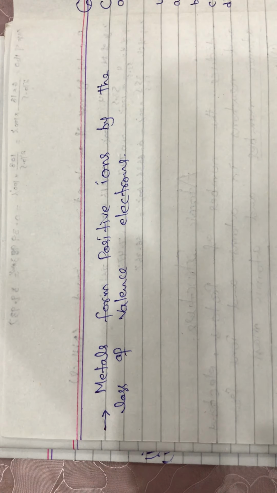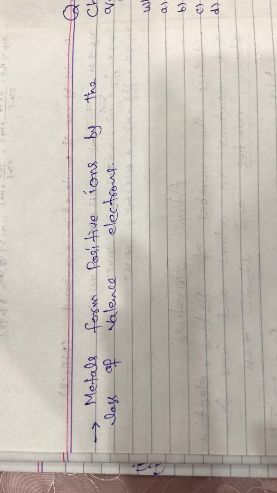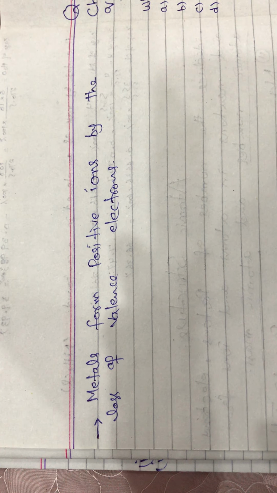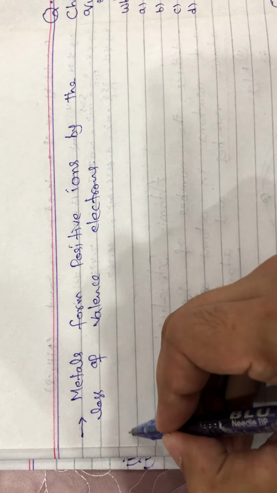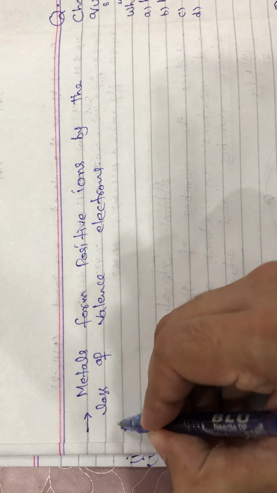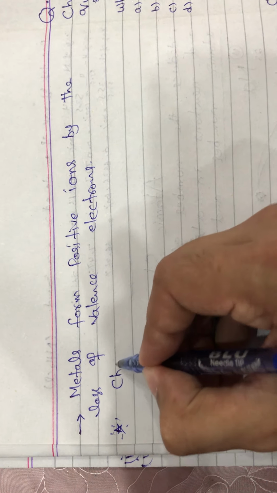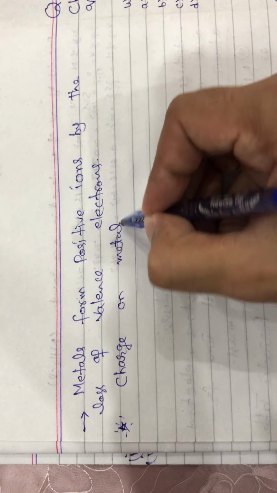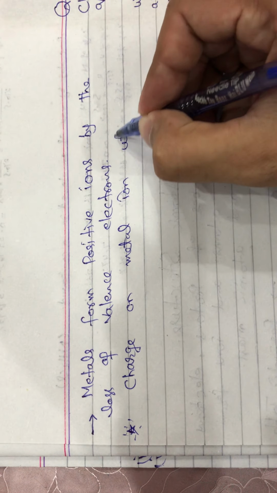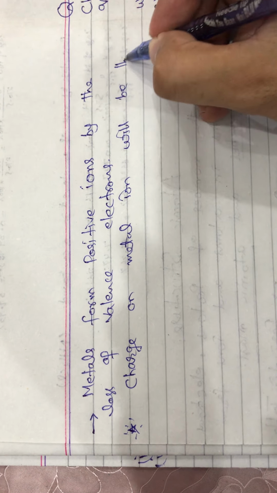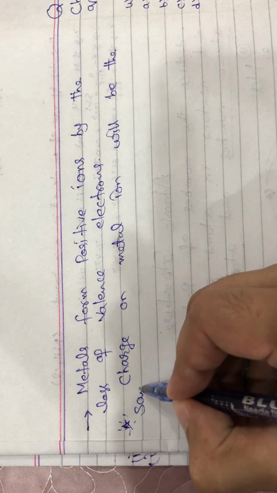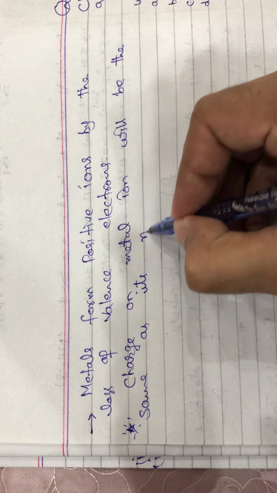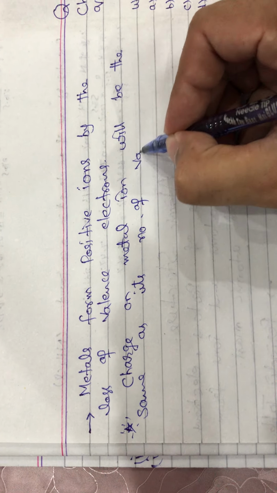By the loss of valence electrons, the charge on a metal ion will be the same as its number of valence electrons.